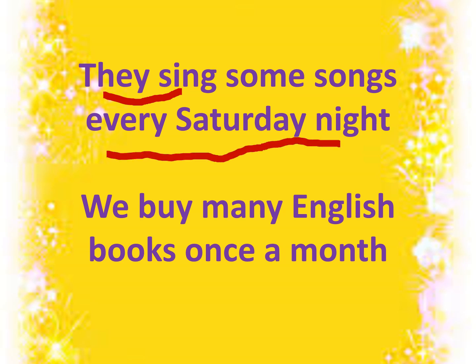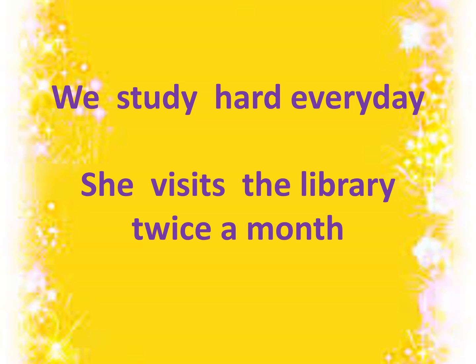We buy many English books once a month. So this is the regular activity that we buy, remember, without s, because the subject is we. We buy many English books and it happens regularly once a month. We study hard every day. So this activity happens every day.